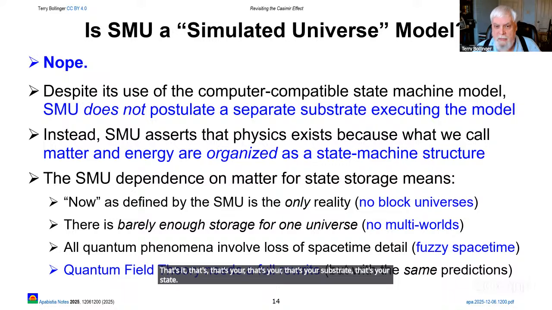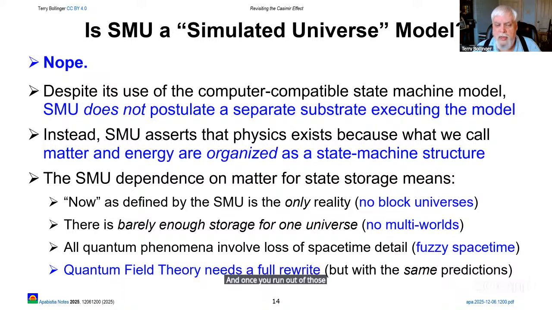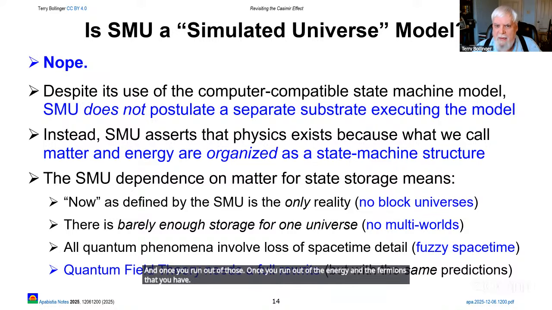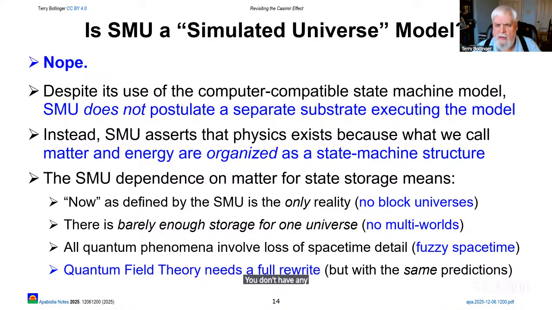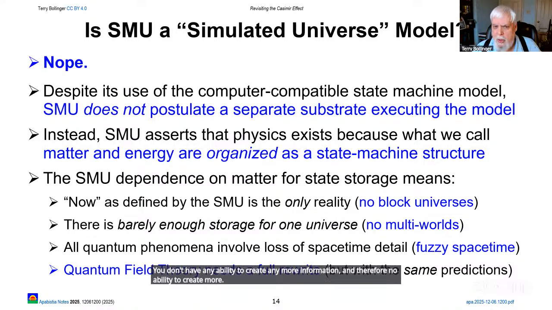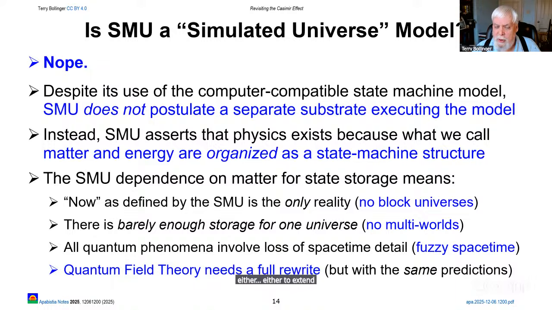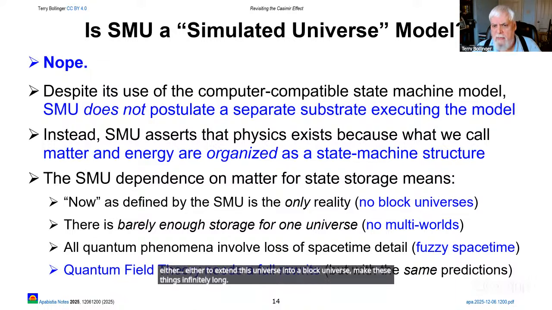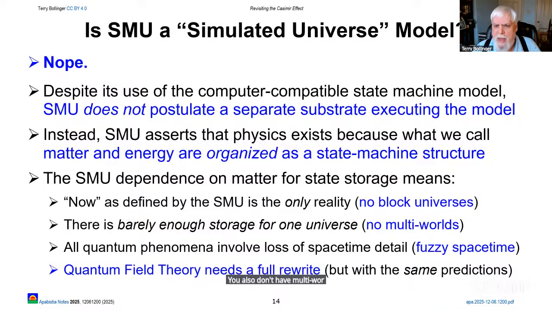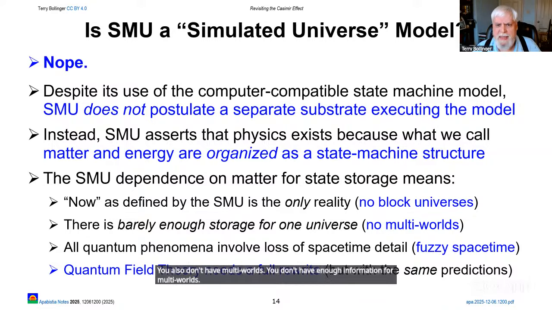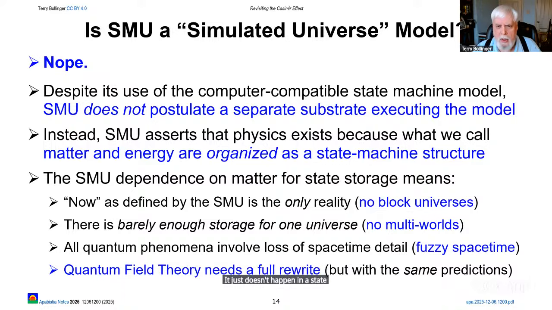And once you run out of the energy and the fermions that you have, you don't have any ability to create any more information, and therefore no ability to extend this universe into a block universe, to make these things infinitely long. You also don't have multi-worlds. You don't have enough information for multi-worlds. It just doesn't happen in a state machine model.